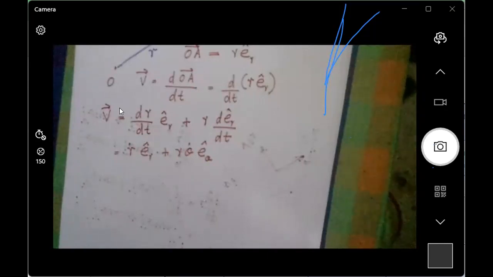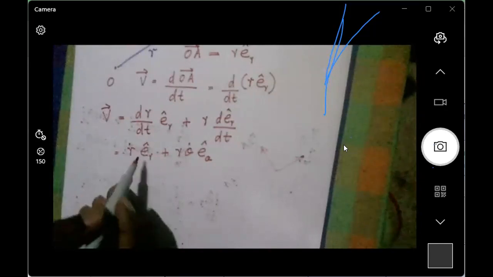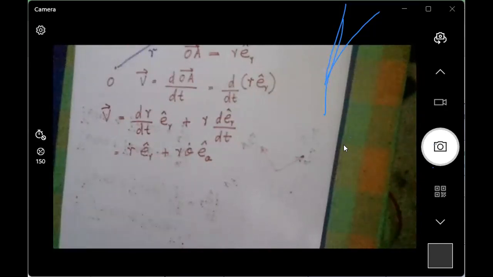Now let me ask a question. If this r dot is 0, what is this motion? r dot 0 means you have a constant r. That means motion on a circle.